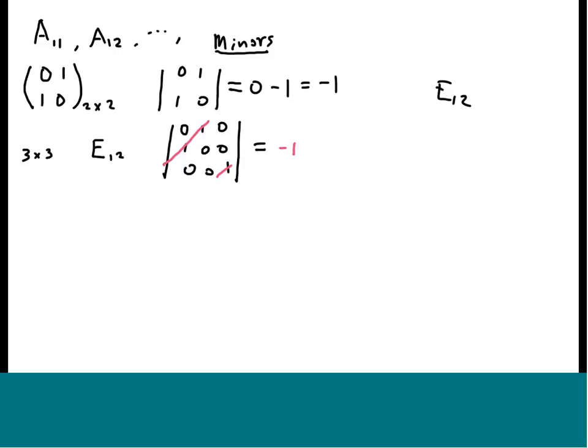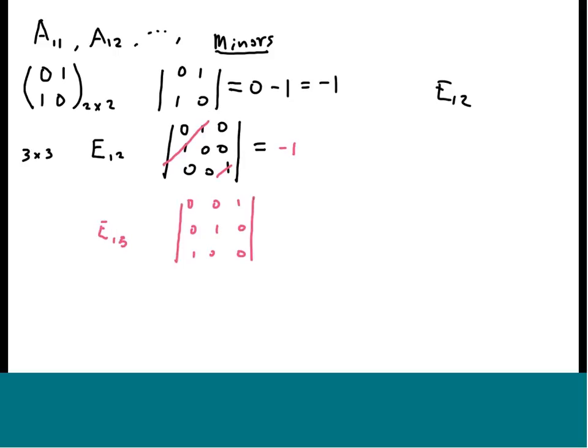So one more: E13 or E23. You get 0, 0, 1, 0, 1, 0, 1, 0, 0. Okay, that one is even easier.